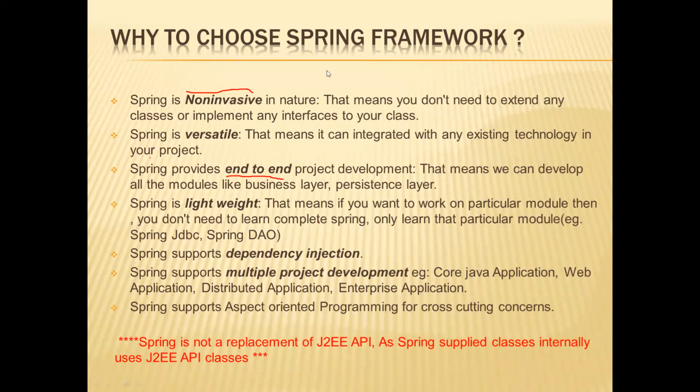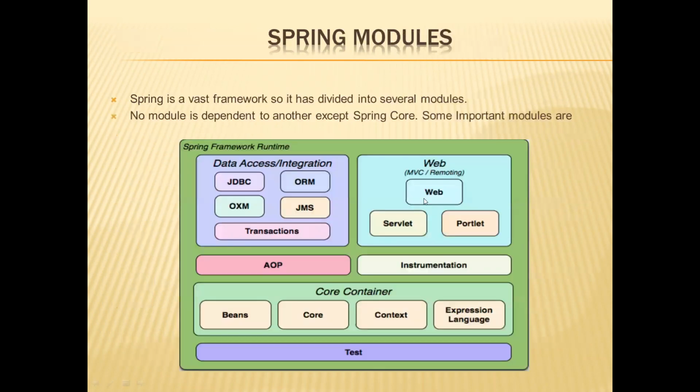Some couple of points I highlighted here, and in the previous slide we discussed what boilerplate code is. But what modules is Spring providing? If you see Spring modules here, Spring is a vast framework. It is divided into several modules. No module is dependent on another.